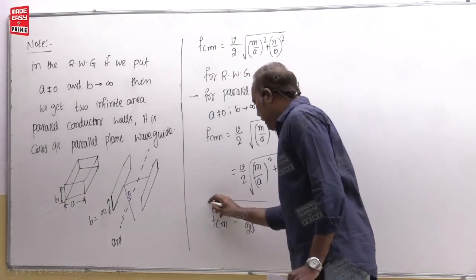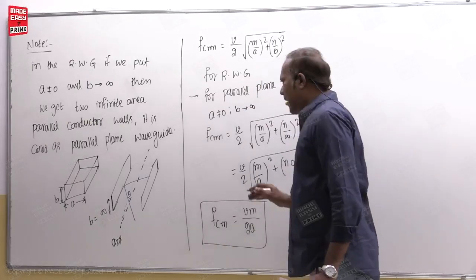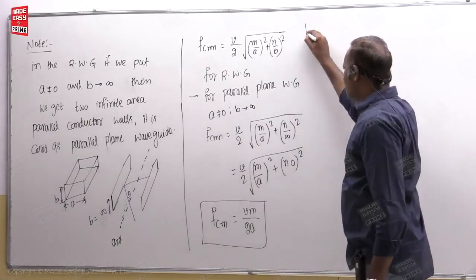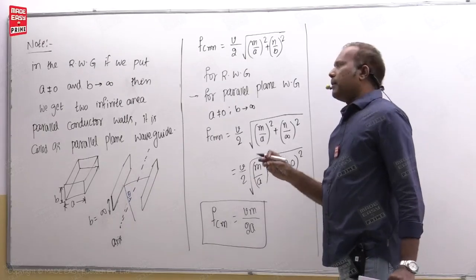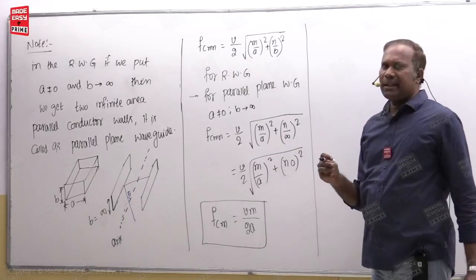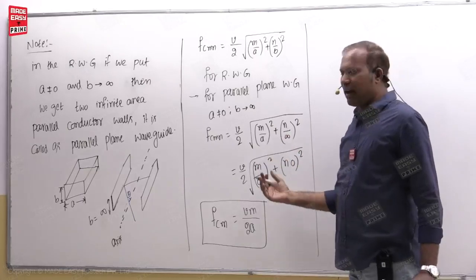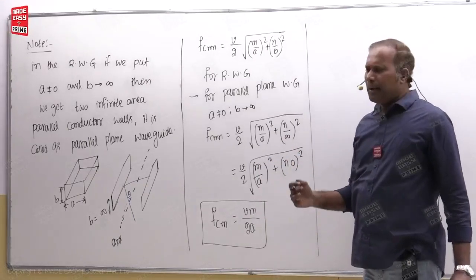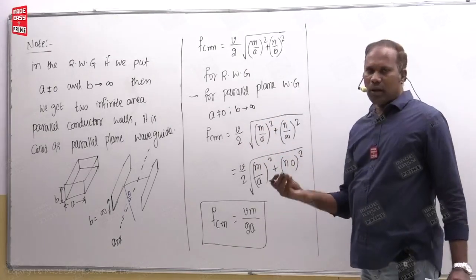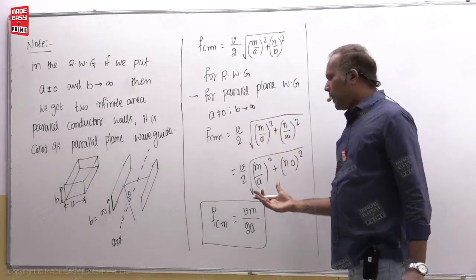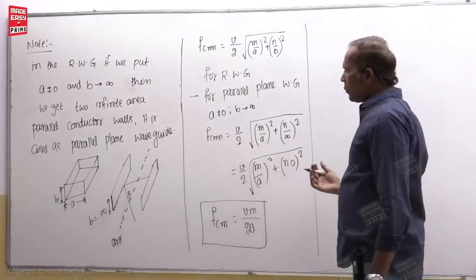This is the cutoff frequency for the parallel plane waveguide. It is not at all important in exam mode, but rarely in the IES exam they will ask this. Anyway, have knowledge of the parallel plane waveguide because you have studied the rectangular waveguide. Simply it is an extension of that one. So having this knowledge gives you a good feeling.